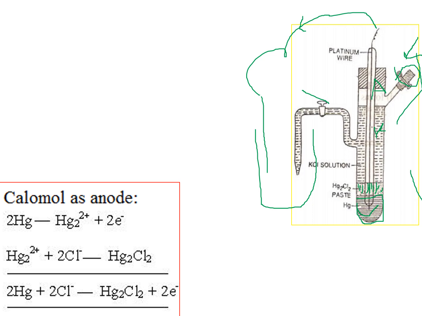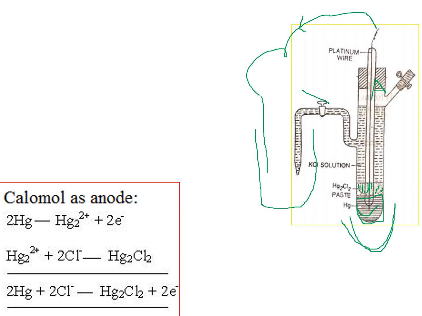Now how does it act as an anode? Anode means it should be involved in the oxidation reaction, and oxidation means it should release electrons. Here, mercury present in the calomel electrode takes responsibility during the oxidation process.